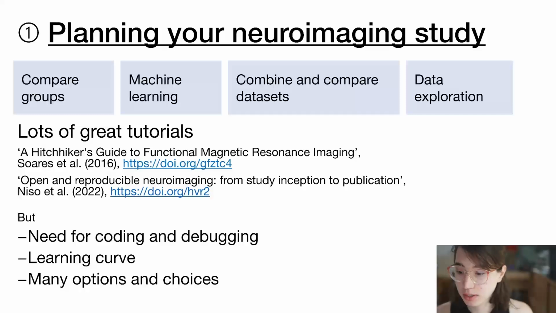But in general, research questions are something like, I want to compare different groups, relate a phenotype with brain data, look at machine learning, understanding groups that way, or maybe just to combine and compare datasets, do meta-analysis, mega-analysis, for open data maybe also, or just to explore data to see what kind of patterns are in there.